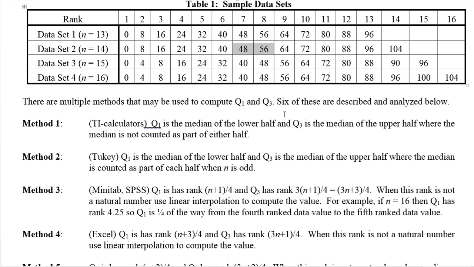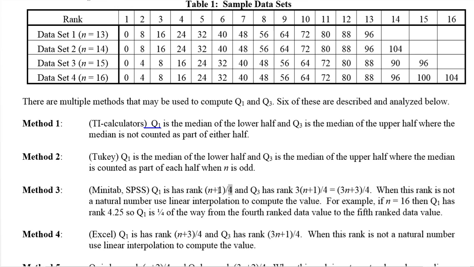We do something similar using Minitab or SPSS. If you ask it to find Q1, we do (n+1)/4, and that's the rank of the lower one. So let's figure that out. When you're dividing by 4, there are 4 possibilities for the remainder: 1, 2, 3, or 4.